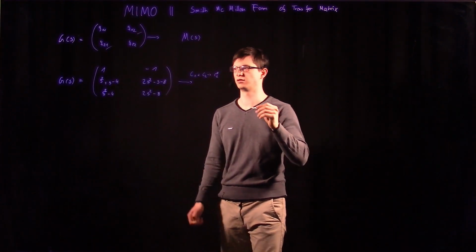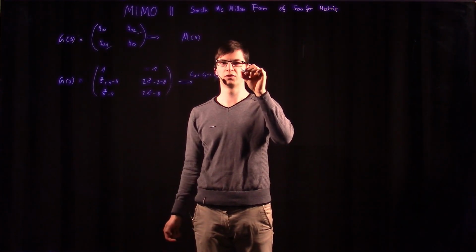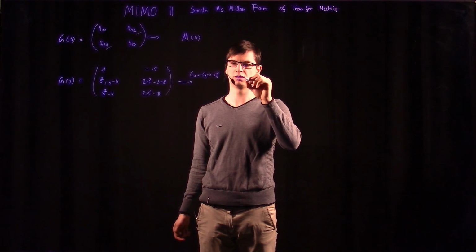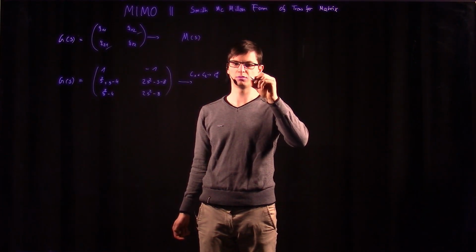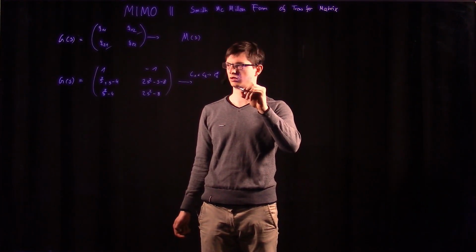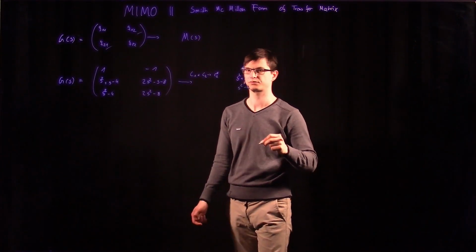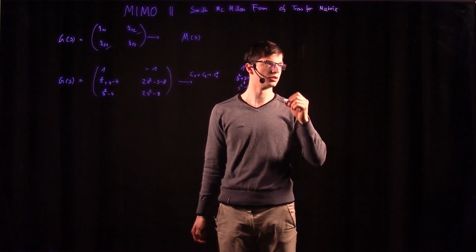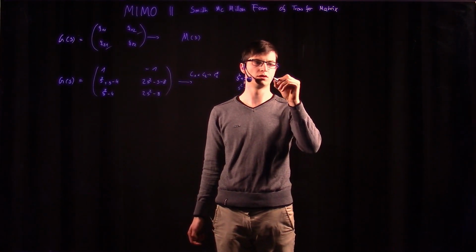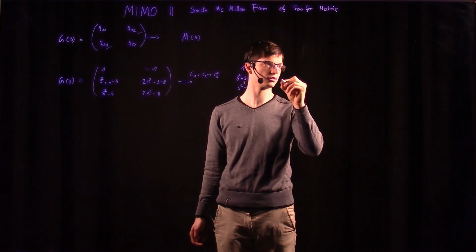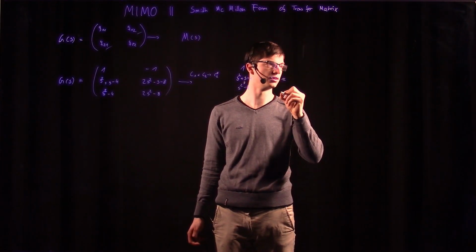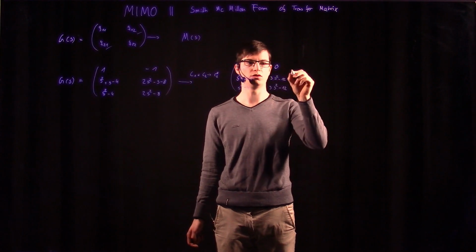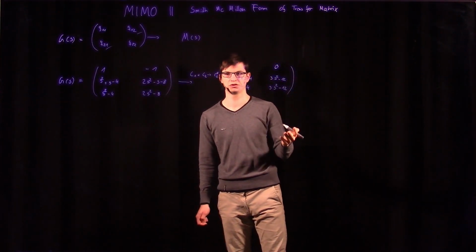What we get is, we keep the first column, so it's 1, s squared plus s minus 4, s squared minus 4, then 0. That's our first approach. Then we get 3s squared minus 12 and 3s squared minus 12 as well. Okay, so we came a bit closer.